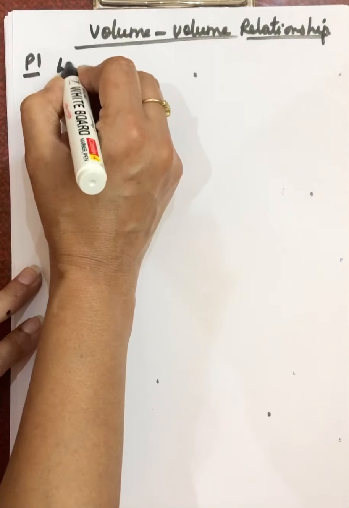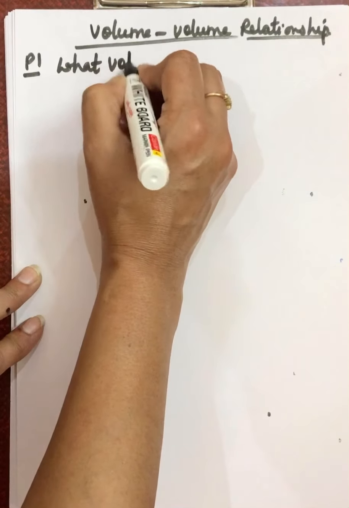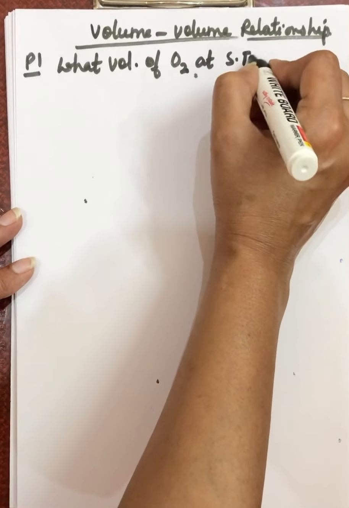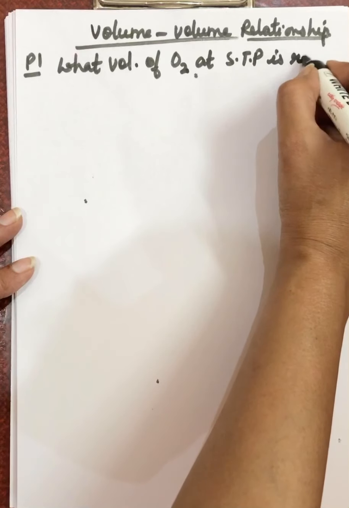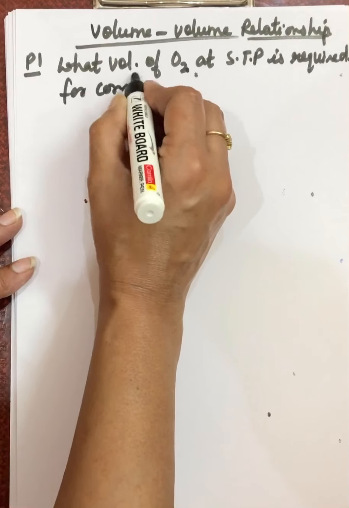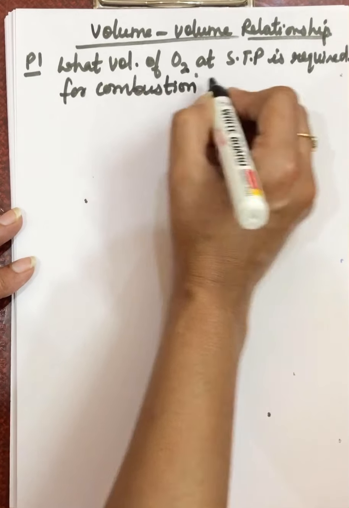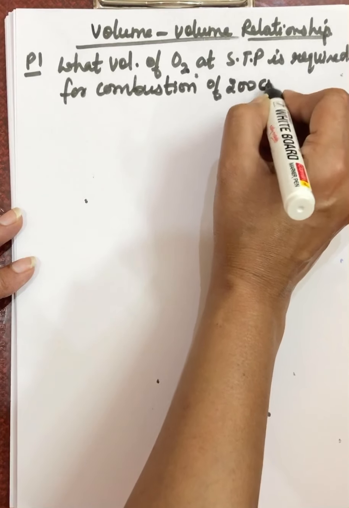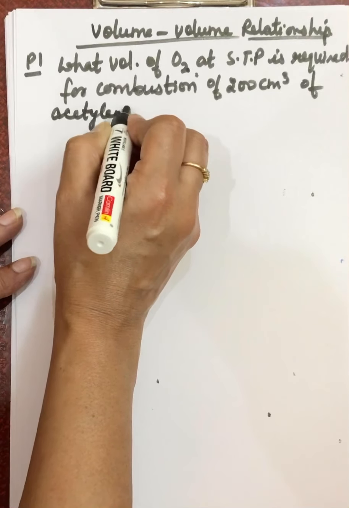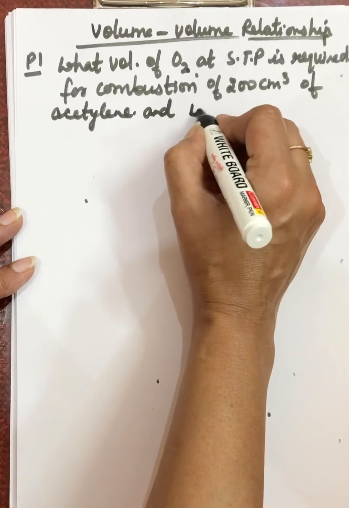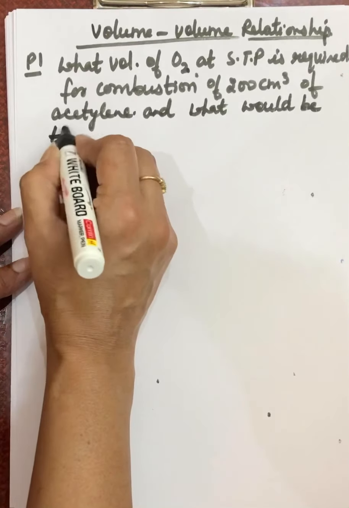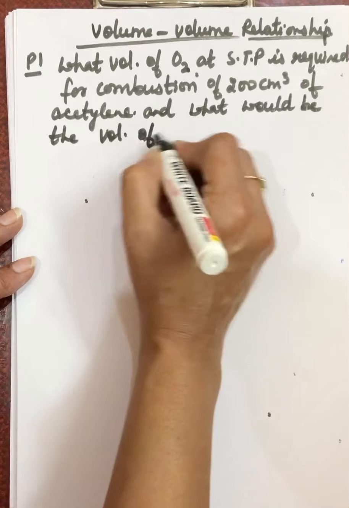Question is, what volume of oxygen at STP is required for combustion of 200 centimeter cube of acetylene, and along with this we also have to find out the volume of CO2 formed.